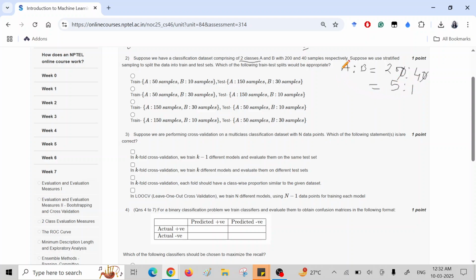Okay, suppose we use stratified sampling to split the data into train and test set. Which of the following train test splits would be appropriate?